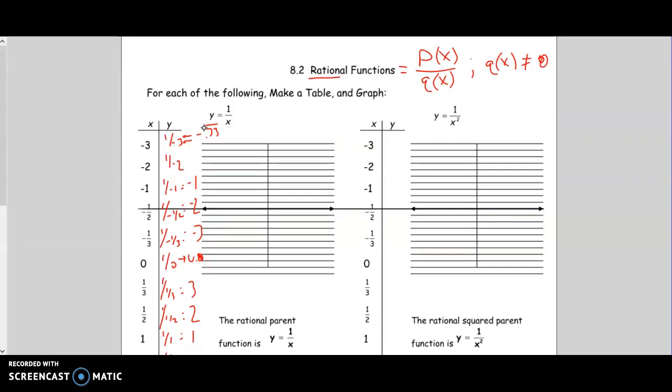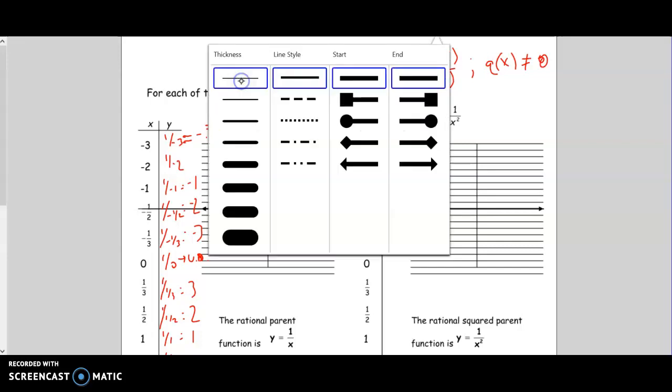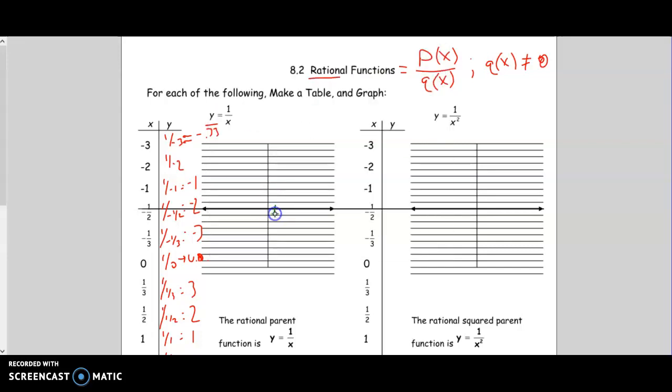Negative 3, negative 0.33. Let's go ahead and throw some marks in here. So it's close to the x-axis. Negative 2, negative 1/2.